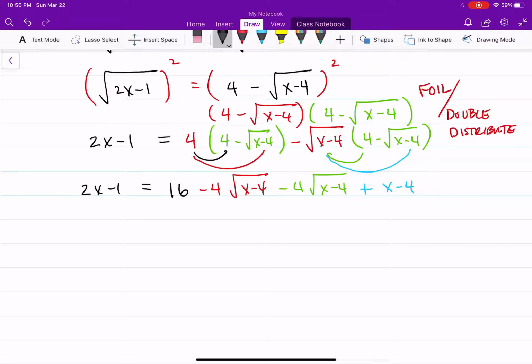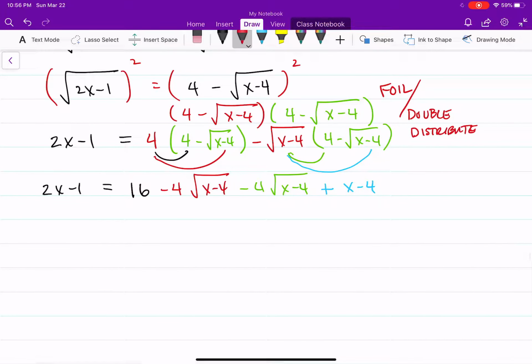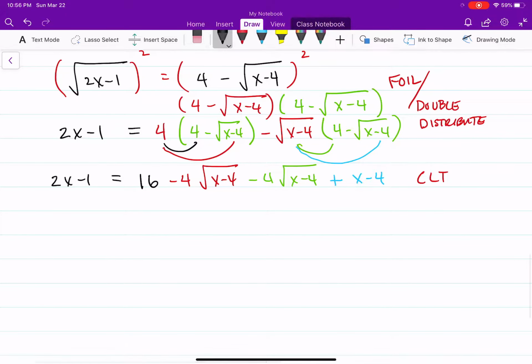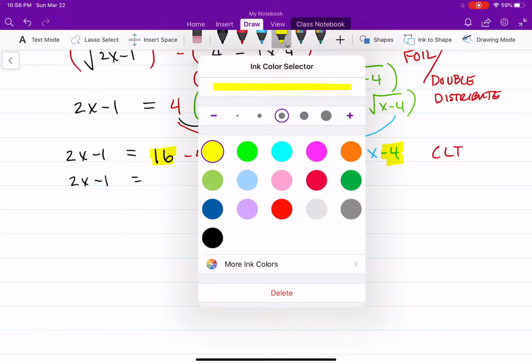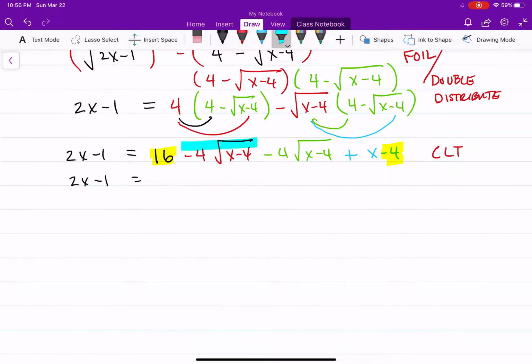All right, so the next step, I'm going to combine like terms, CLT, combine like terms. Let's rewrite this. So I have 2x minus 1 is equal to, let me see, like terms here. I got the 16 with the negative 4, right? And I have this right here with this right here, and then I have the x.